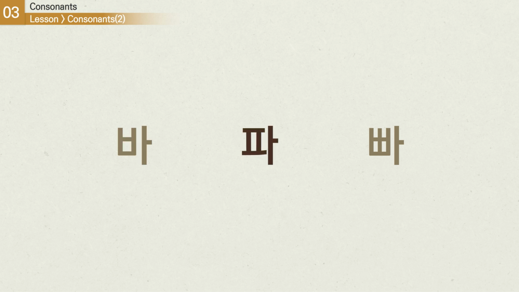Let's continue. Here we have pa, and ba. Pa does not require much air, while pa has us pushing a lot of air out. Pa does not have us pushing much air out, but we should put more stress on our vocal cords.